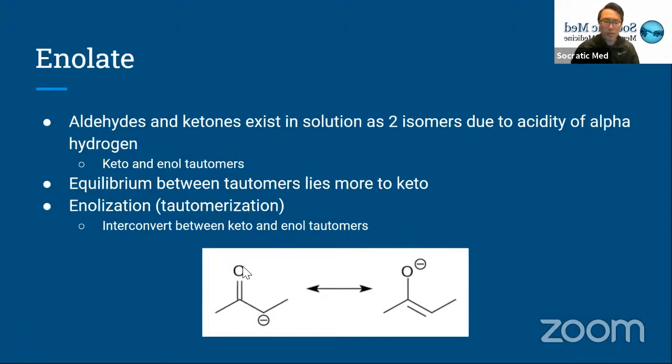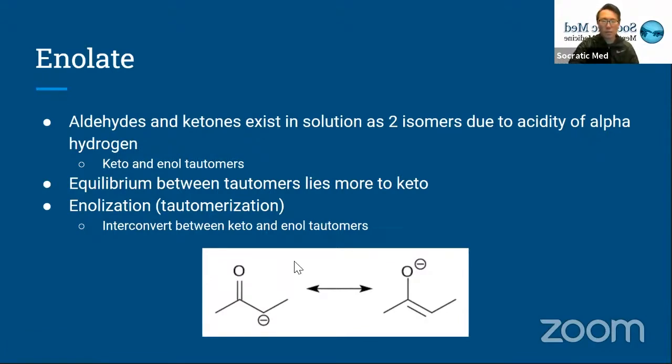This is because it's more favorable to have the double bond rest between the carbonyl carbon and the more electronegative oxygen than the alpha carbon. But you can interconvert between the keto and the enol tautomers. Converting between them is called enolization or tautomerization.